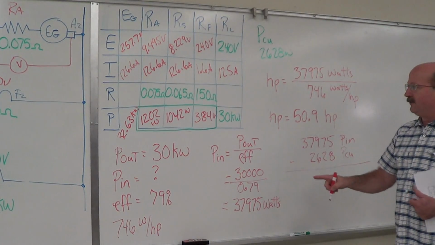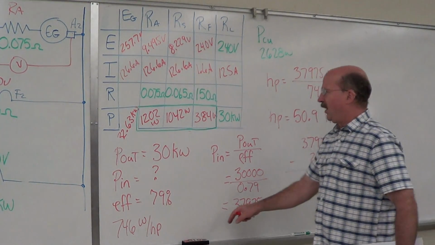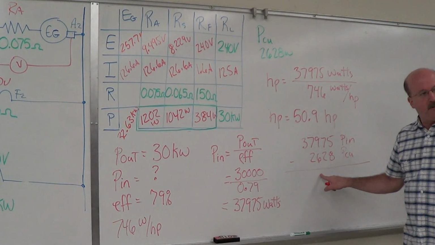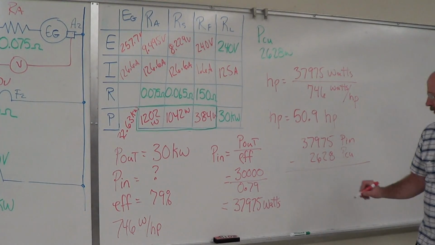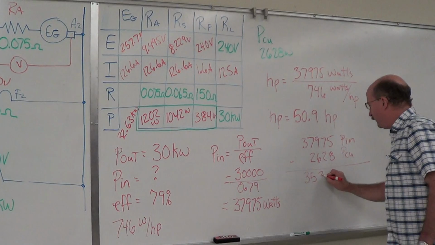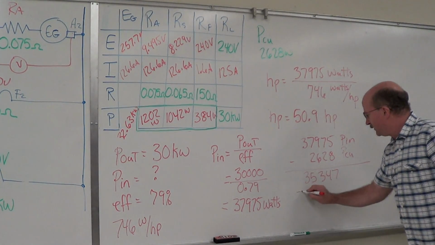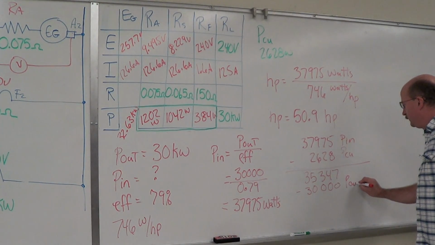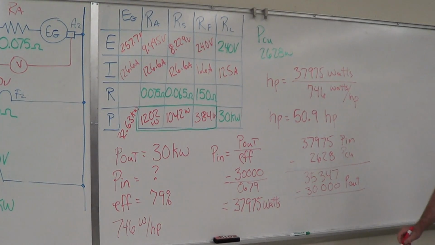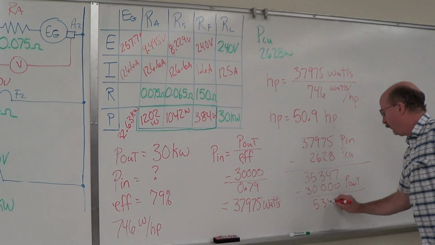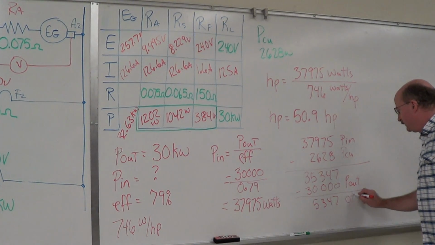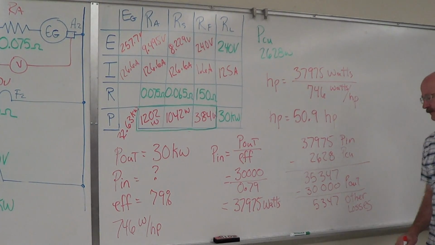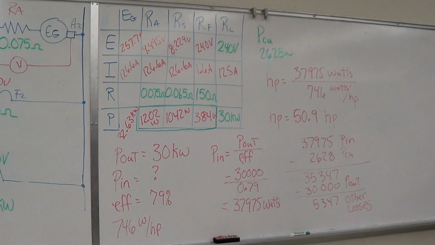What number do we come up with here? 35,347. Minus 30,000, that's your power out. 5,347. That's other losses we haven't found out yet.